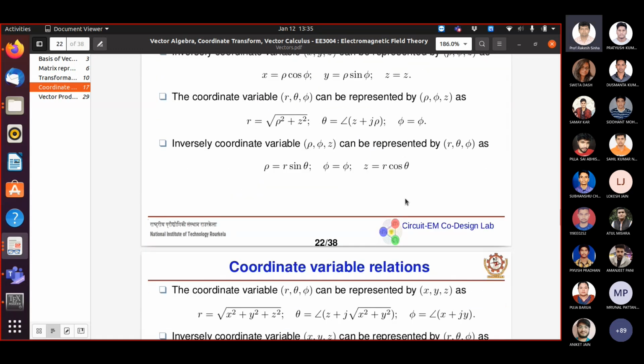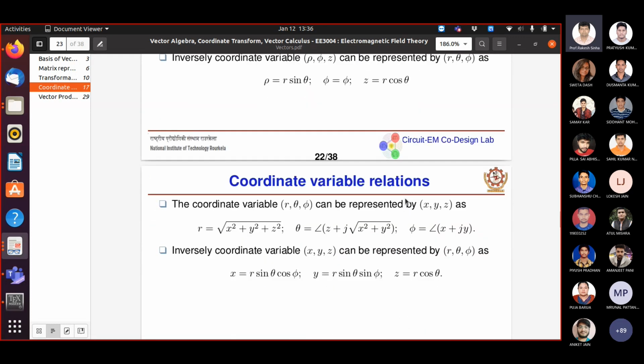When it comes to the coordinate variable relationship between the Cartesian coordinate system and the spherical coordinate system, r is equal to the square root of x square plus y square plus z square. This is also a distance variable.